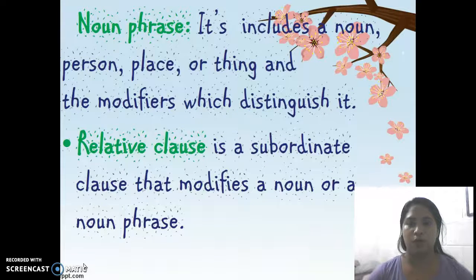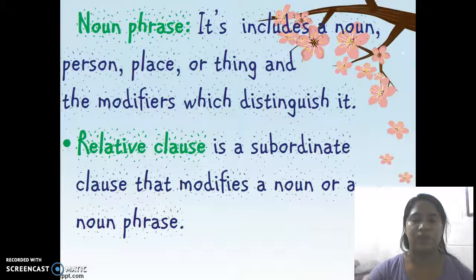But first of all, we have to know what is a noun phrase and what is a relative clause. A noun phrase includes a noun, person, place, or thing, and the modifiers which distinguish it. Also, we have to know what a relative clause is.